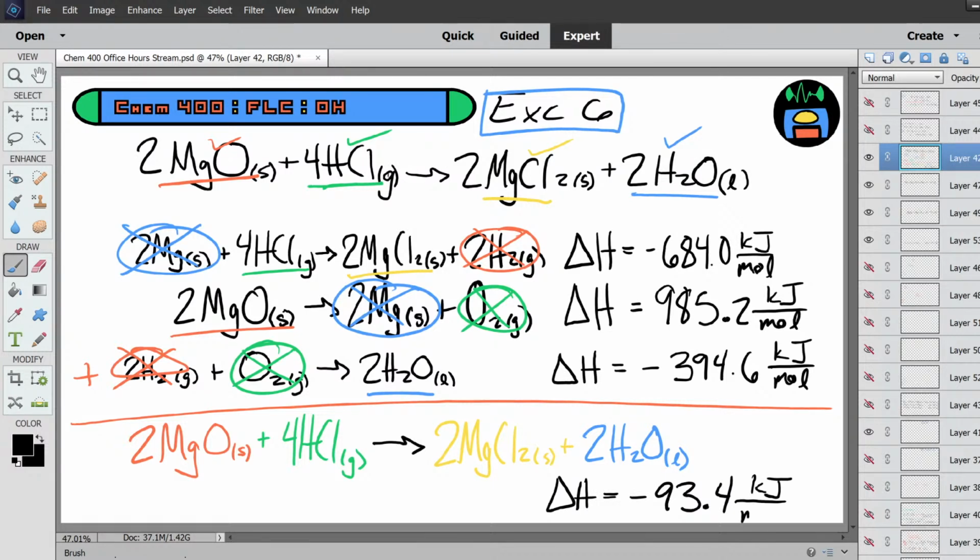When you look at sig figs, all 3 of these numbers are precise to the first decimal place. The answer my calculator gave me is precise to the first decimal place as well.